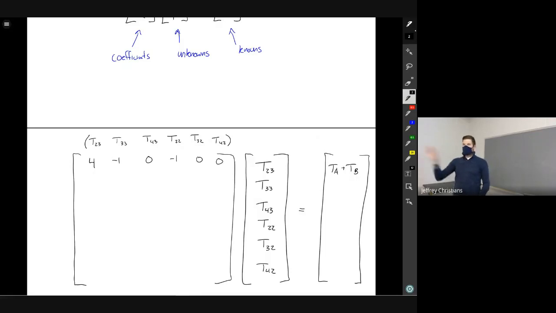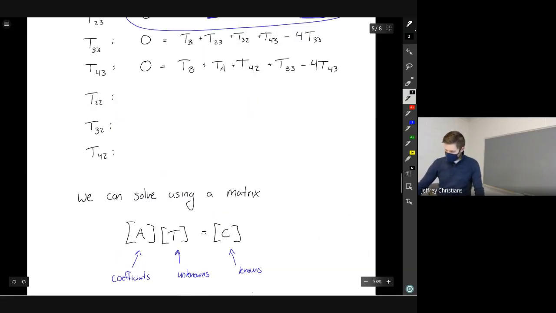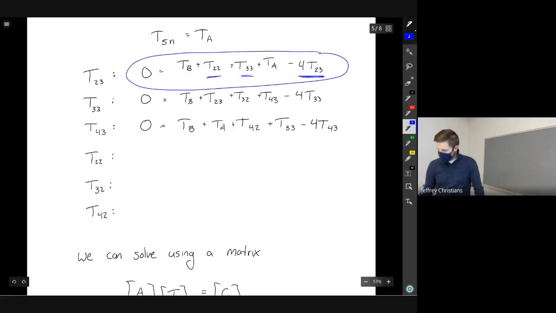We would do the same thing with all of the other elements. I'll just fill out the matrix because after you do it once, we're never going to do it again, really. This would be negative 1, 0, negative 1, 0, equals TB. That would be our second equation. Again, we have a positive 4 on T43, and a negative 1 on this one and this one, and that all equals TB.